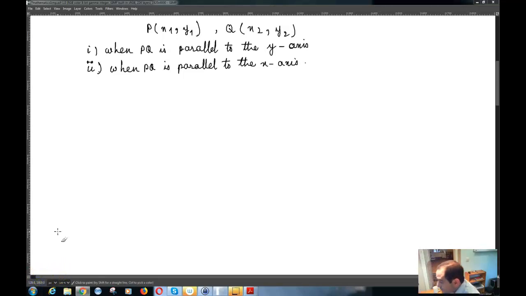Okay, so here we have basically two formulas that we need to derive from the distance formula that we had.